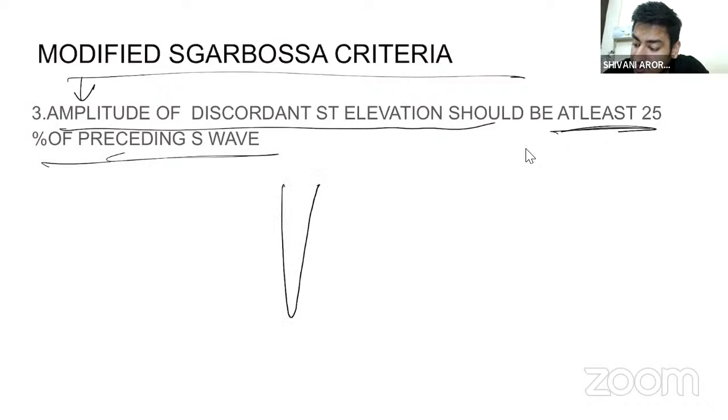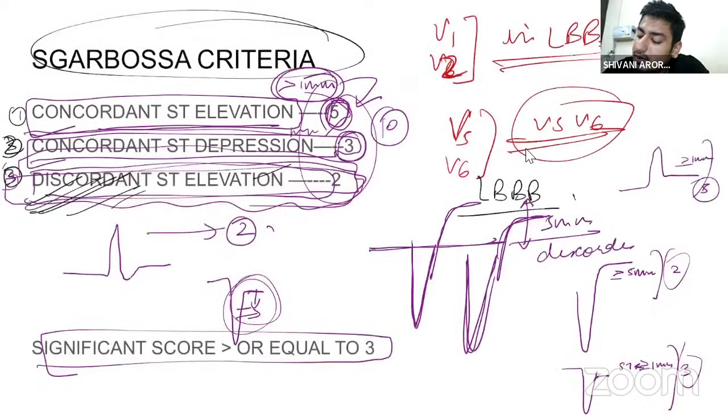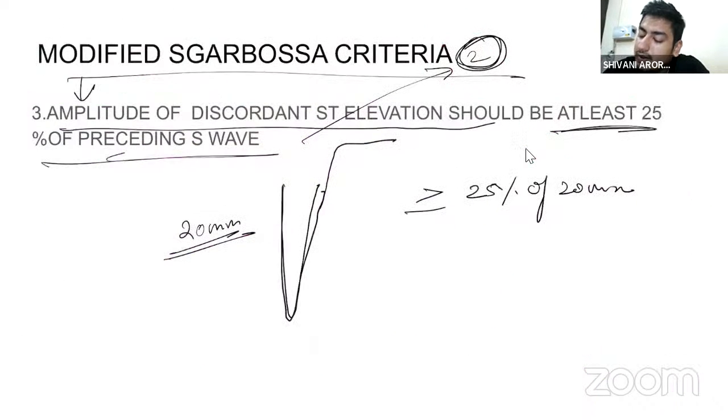So ST elevation should be more than or equal to 25% of 20 mm to call it significant ST elevation, and this is given a score of 2 instead of the earlier point. Or suppose the S wave is 30 mm, so ST elevation should be more than or equal to 25% of 30. Clear?